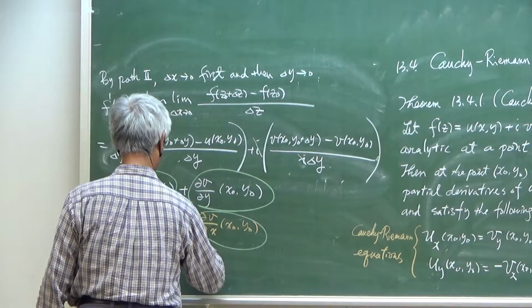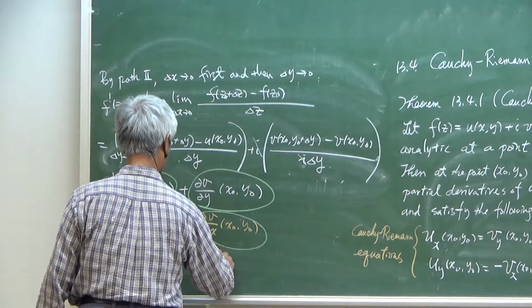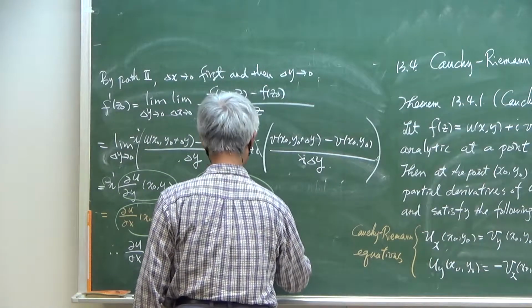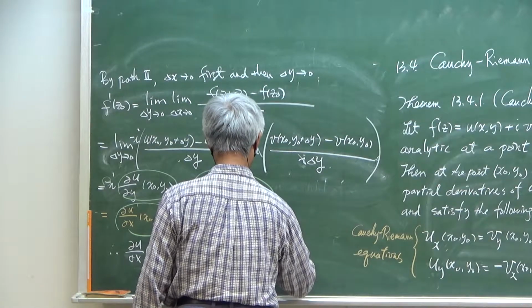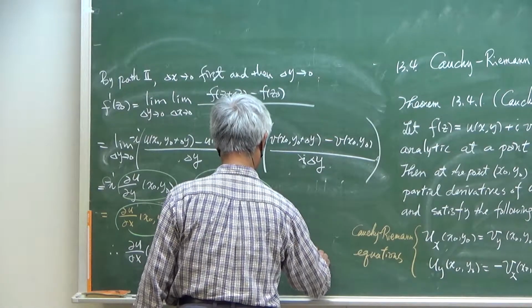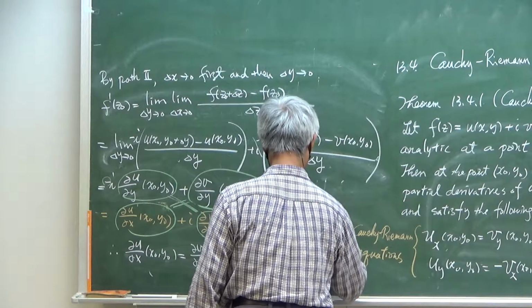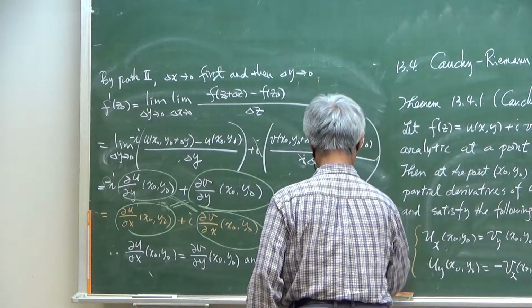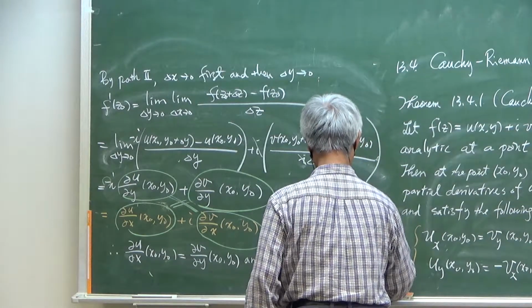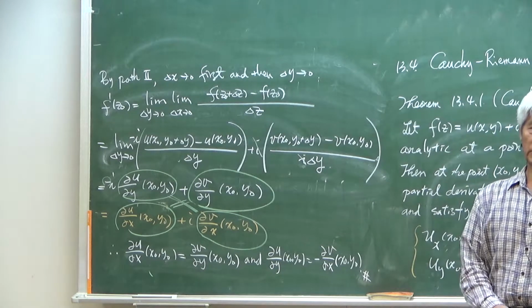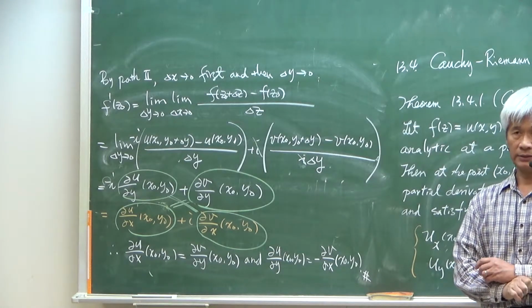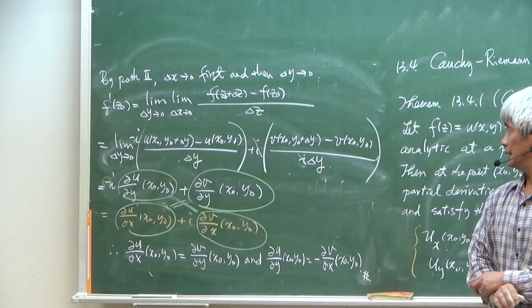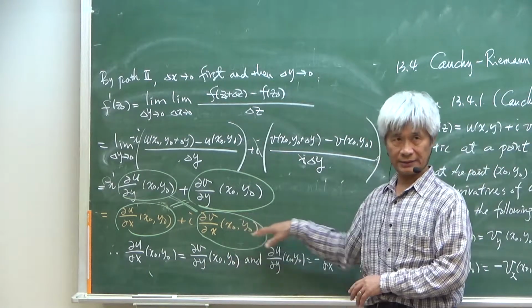u_x is equal to v_y, and u_y is equal to minus v_x, and this is our Cauchy-Riemann equations. Okay, so they are all necessary conditions.